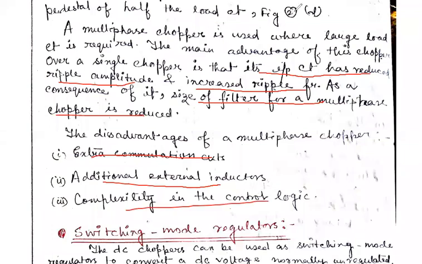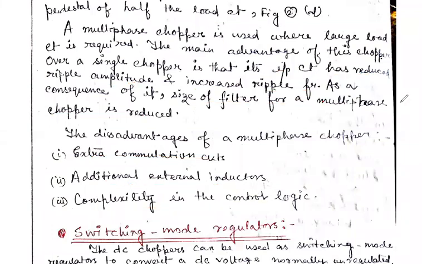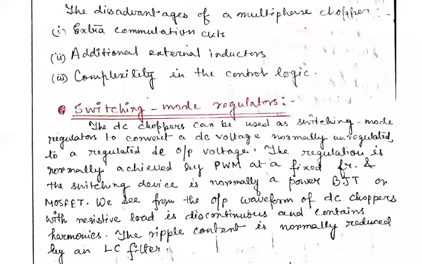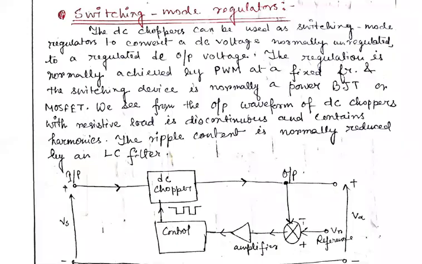So now we are going to discuss the last part of the chopper circuit, which is nothing but the switching mode regulator. DC chopper circuits can also be used as switching mode regulators to convert a DC voltage, normally unregulated, to a regulated DC output voltage.